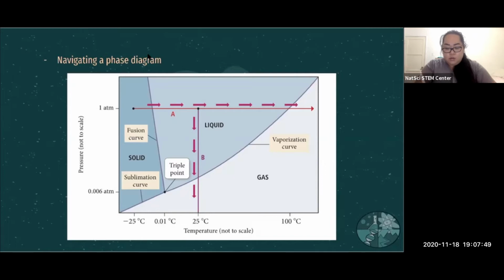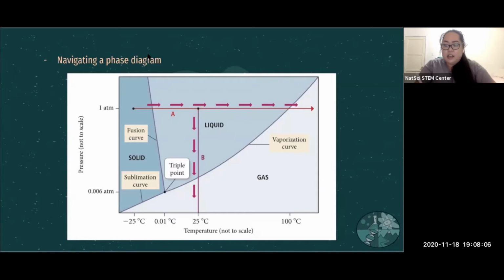Okay, so what these arrows are indicating is, if I tell you at 1 atm and at 25 degrees Celsius, this substance is a liquid.